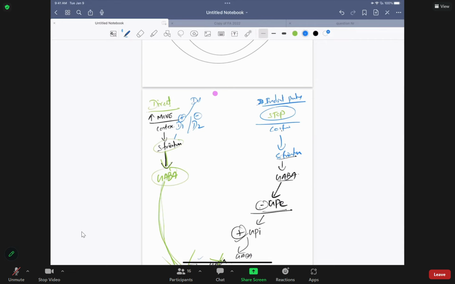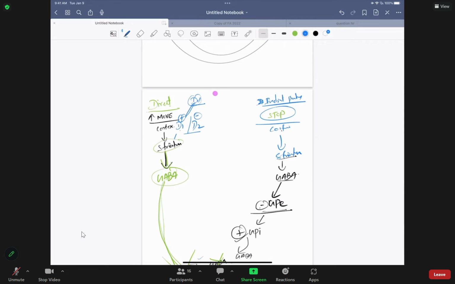D1 and D2 are in the striatum, but dopamine is not produced in the striatum. Where is dopamine produced? Substantia nigra. So it's produced in the substantia nigra and it comes and binds to the receptors in the striatum.